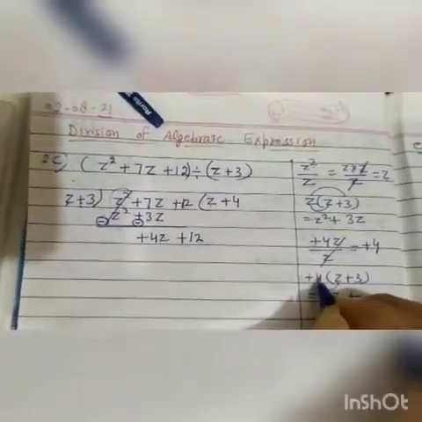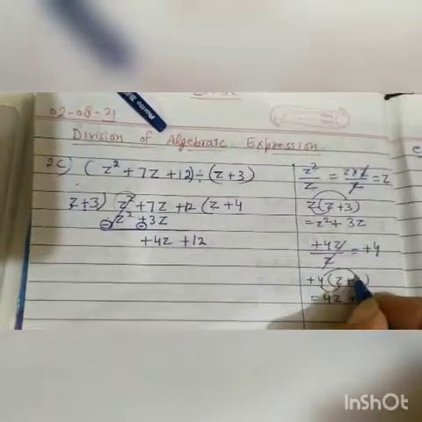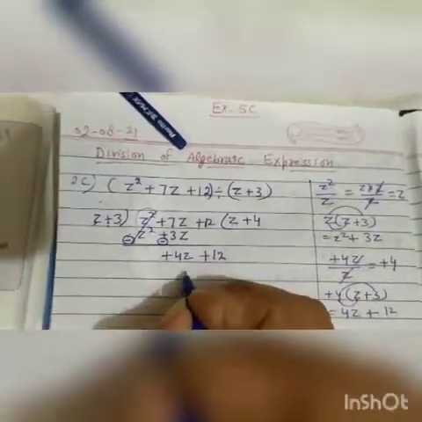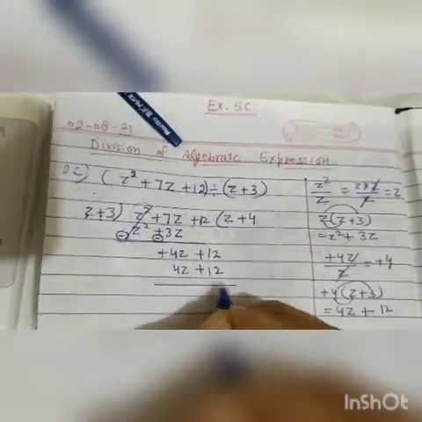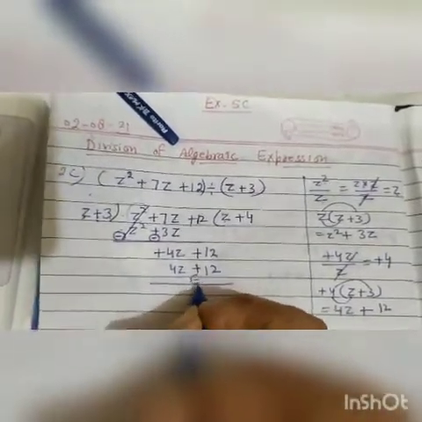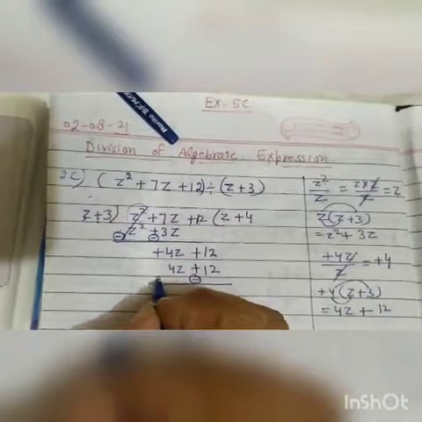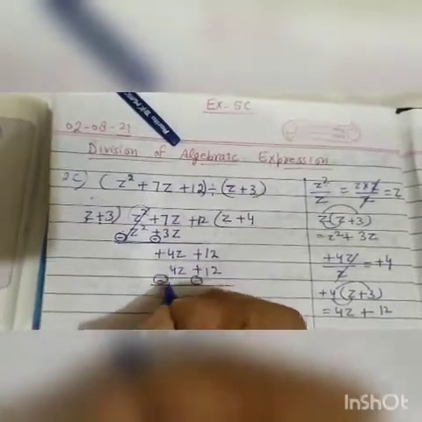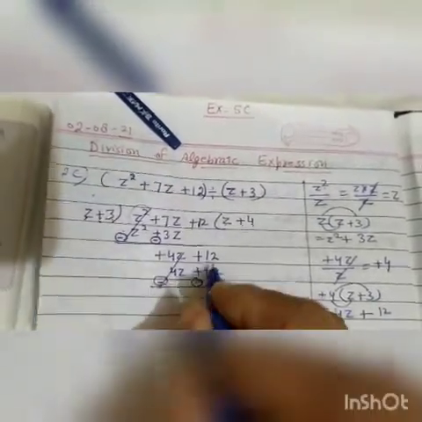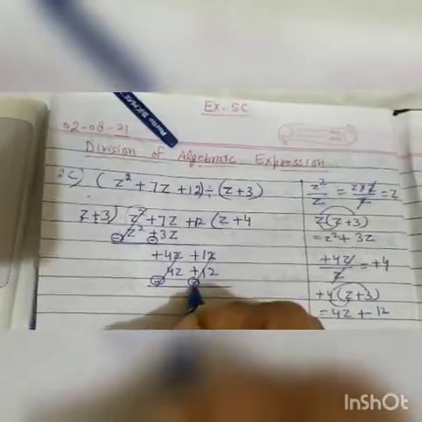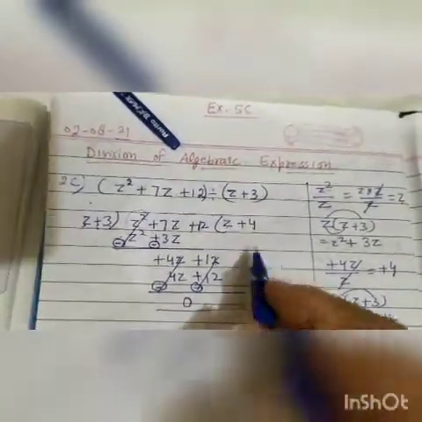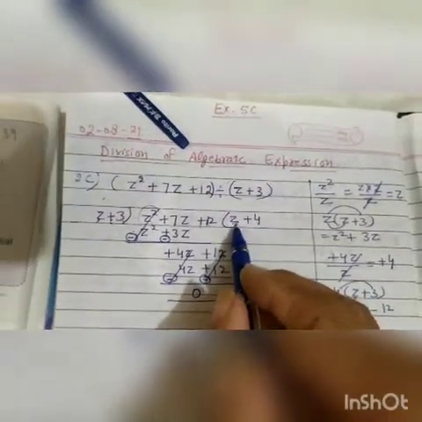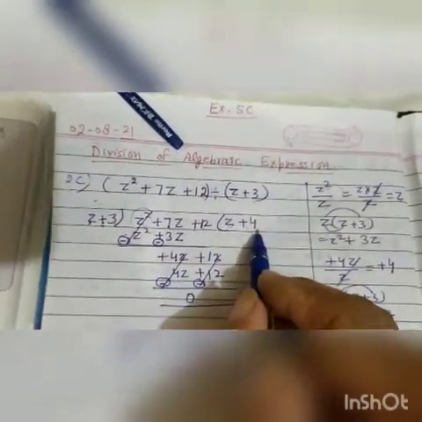Then plus 4 times 3 is 12. So we will write 4z plus 12 here. Again change the sign. This plus will change to minus and this plus will change to minus. Now plus 4z minus 4z will be cancelled. Plus 12 minus 12 is also cancelled. We get 0 as a remainder. And what is the answer? What is the quotient? The quotient is z plus 4.